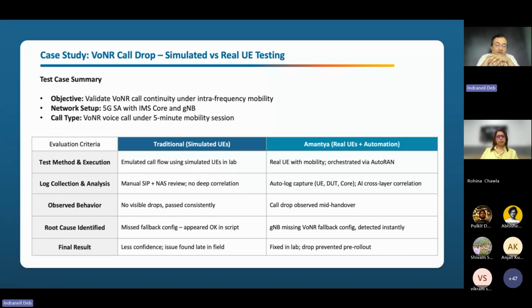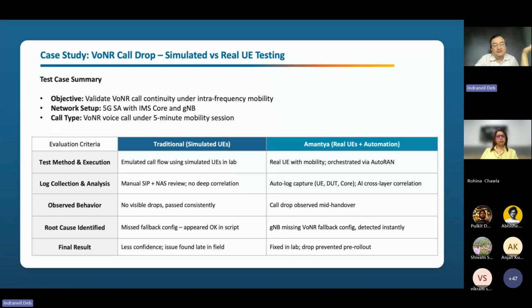What we observed was that while we were using simulated UEs, the traditional simulated approach, the calls seemed to happen without any problems across the boundaries of the cells. We could have handovers happening smoothly. The VoNR call just continued. Nothing appeared out of the ordinary.